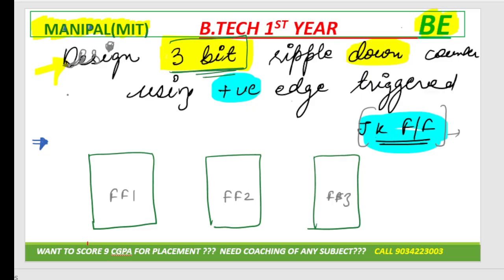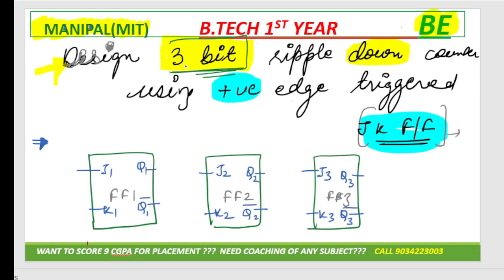अब इसमें हमारे पास क्या है, फ्लिप फ्लॉप 1 है तो दिस इज J1 K1, आउटपुट वुड बी Q1, Q1 बार. Okay, similarly we'll have J2 K2, output will be Q2, Q2 bar. Similarly we'll have J3 K3, output will be Q3, Q3 bar.